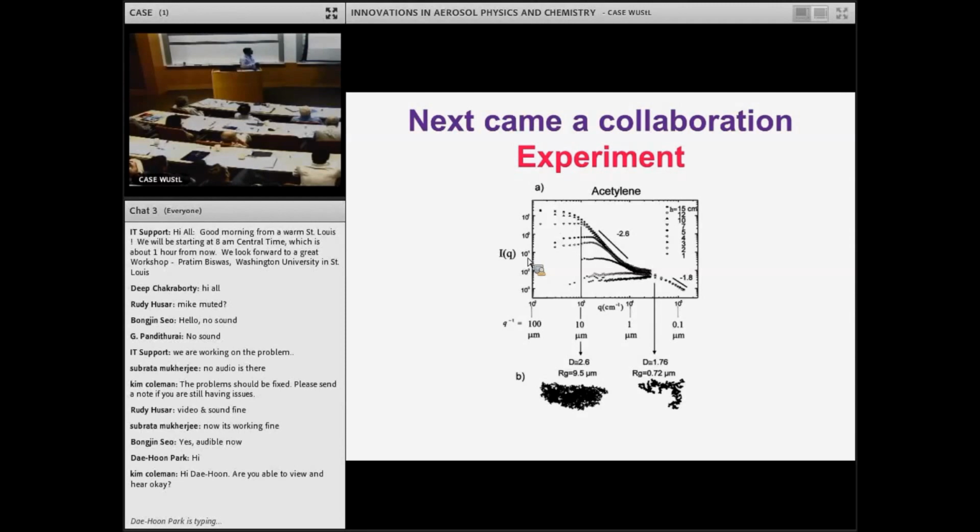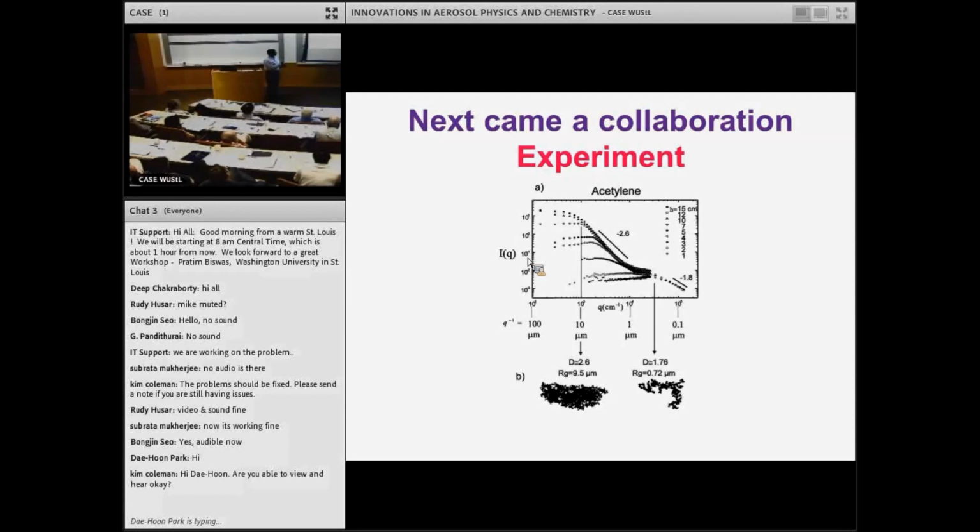So in this upright flame, he found that if you look at the scattering intensity versus wave vector, mainly about angle, you can convert that to a wave vector to look into different length scales. He found that yes, there is this 1.8 for large values of Q, and then there is this other slope of 2.6.